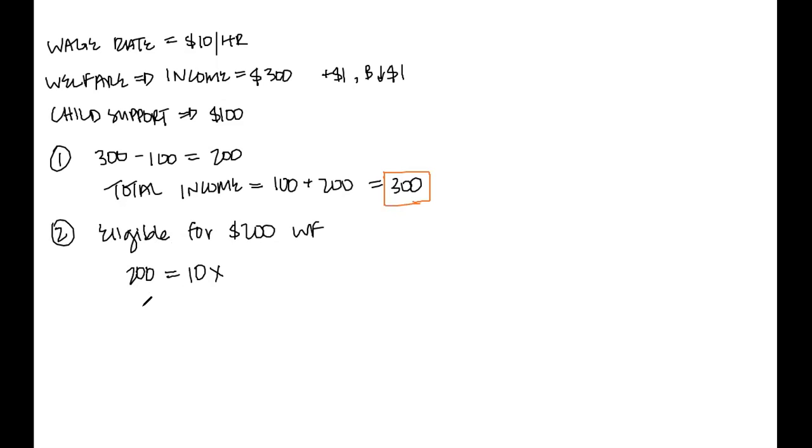So then we can just solve for this. x is going to equal 20, because 200 divided by 10 equals 20. So x equals 20 hours. This is saying that if Tatum doesn't want to be eligible for welfare anymore, she's just going to have to work 20 hours at that wage rate of $10 an hour to cover the welfare.